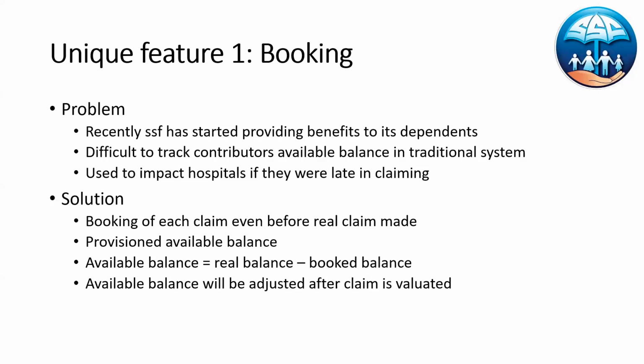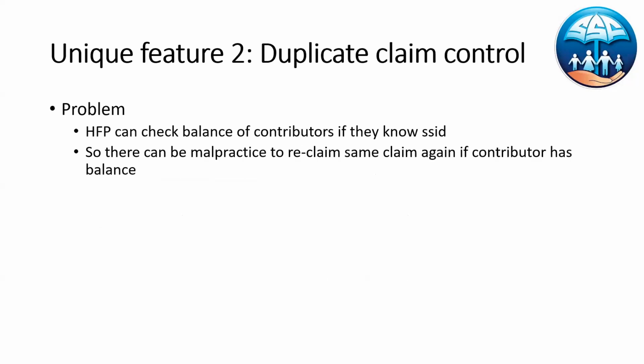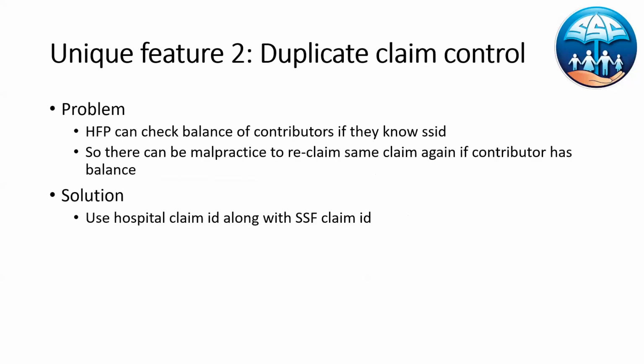So to avoid this situation, we introduced a duplicate claim control mechanism, where we use the hospital claim ID as well as the SSF claim ID together to form a new claim ID. If this claim ID is unique, then the claim is not a duplicate. We provisioned it that way.